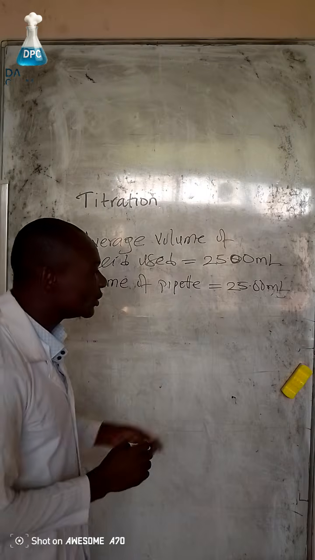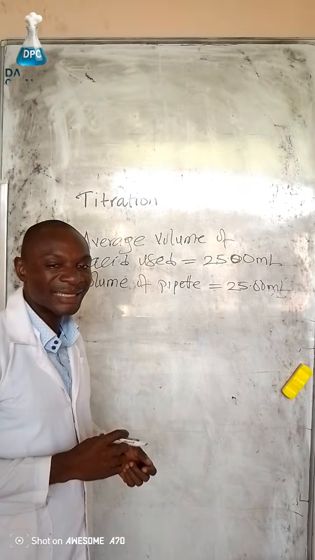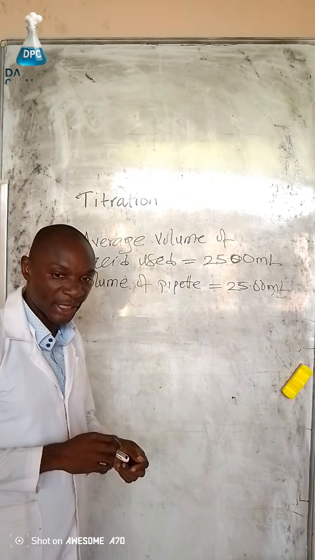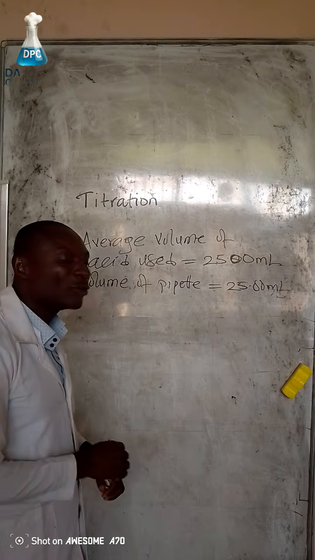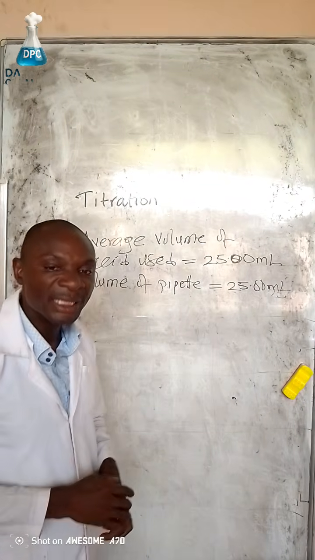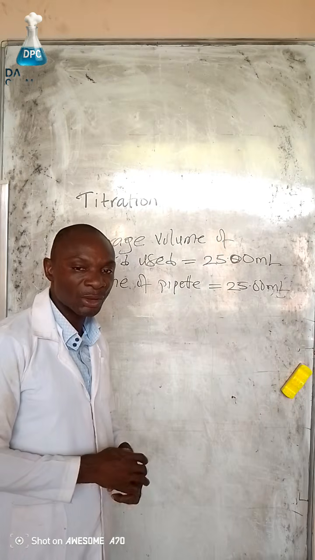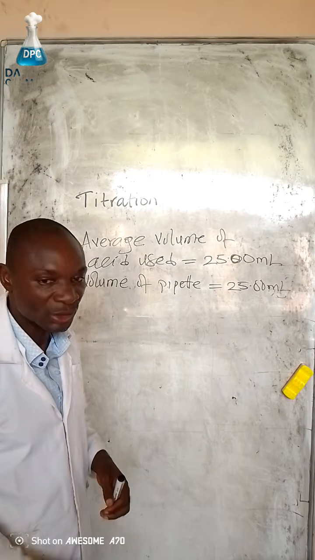That's the volume of the pipette used to measure the second solution, solution B, your base. Now, having these values, you are required to calculate the solution with the unknown concentration.